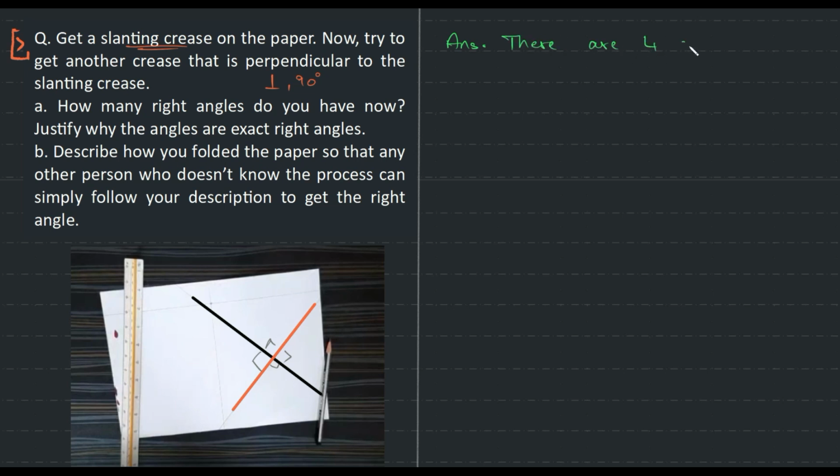There are 4 right angles. Okay. Justify why the angles are exactly right angles. As the line divides the straight angle, you can clearly see that straight angle as a new line.